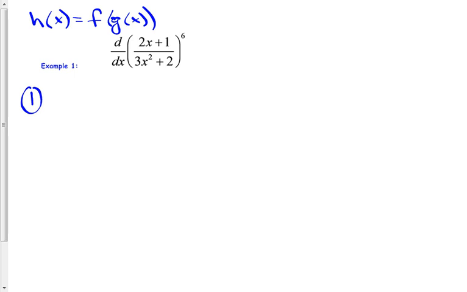But for today, I'm going to identify the inside function as g of x, and g of x is which one? What's the inside function in this thing? It's the fraction thing, right? G of x is the fraction thing. Okay?